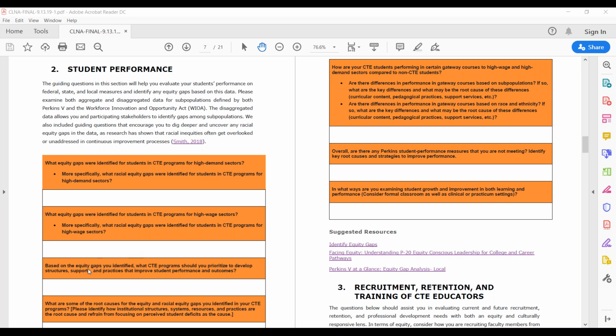And I think with the equity gap piece and the disaggregation of data, across the state we're all in different places in terms of how we can get that information out, and we haven't done a really good job of disaggregating our data. Maybe when you're smaller you have a better sense. I don't know if that's true or not, but you think you have a better sense about what's going on with your population of students. But it's really showing some very interesting things.